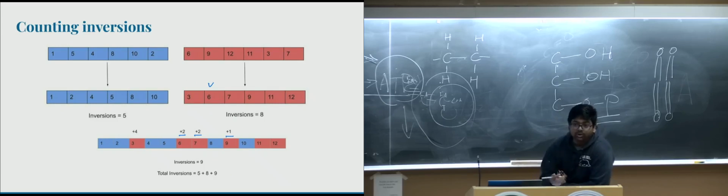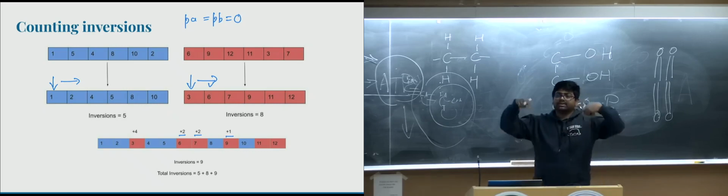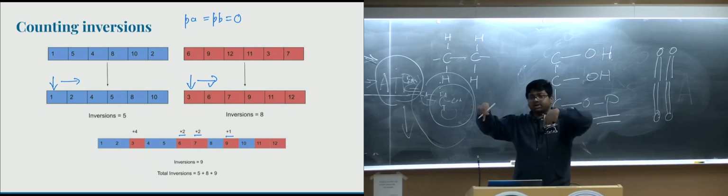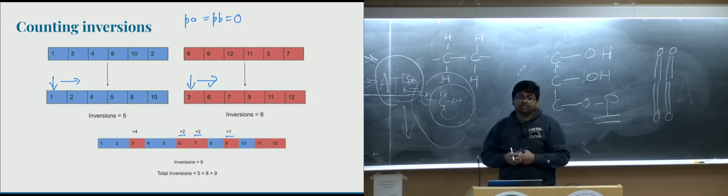When you start doing your merge step, you initialize these two variables, so PA is equal to PB is equal to 0. They represent these two pointers. At every point you keep iterating these towards the right side based on the conditions. These variables keep track of where exactly you are in those particular arrays at a given time. Is that clear?